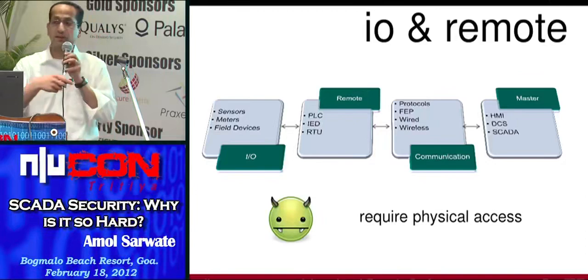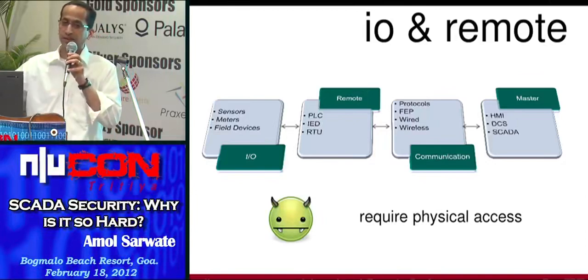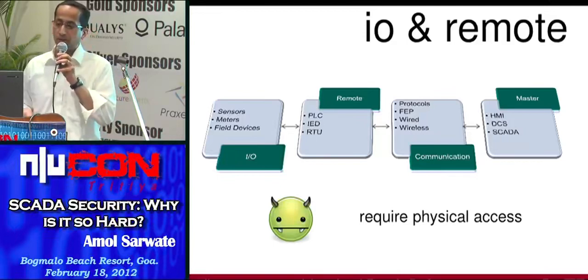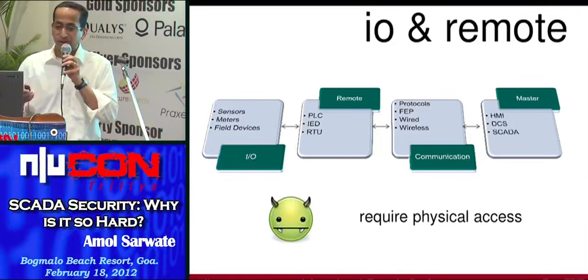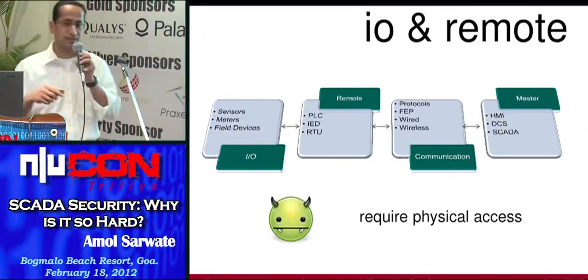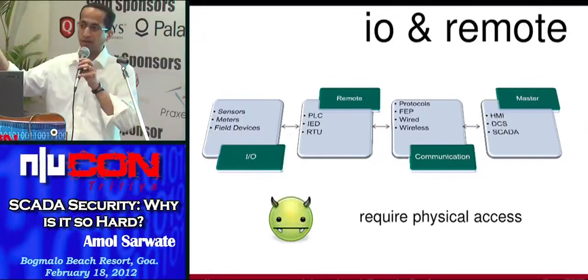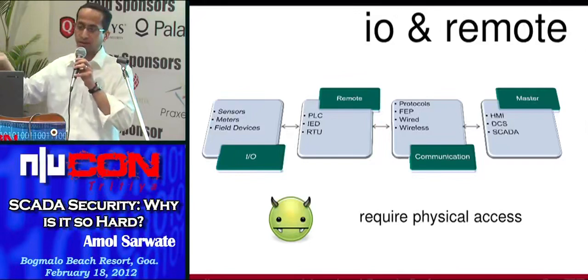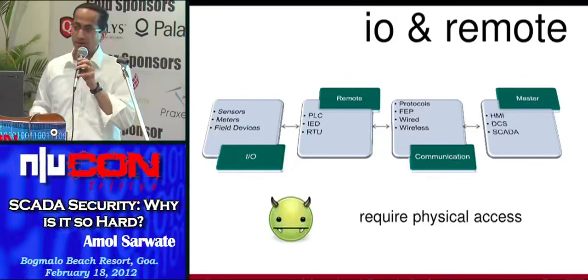Like the example that I gave you before, that some vandals came and destroyed the rubber gaskets on electrical power poles, causing power disruption. Most of the threats here require physical access, as these sensors, meters, and field devices are many times far off in the field on some electrical power line, some gas pipeline, and so on and so forth.